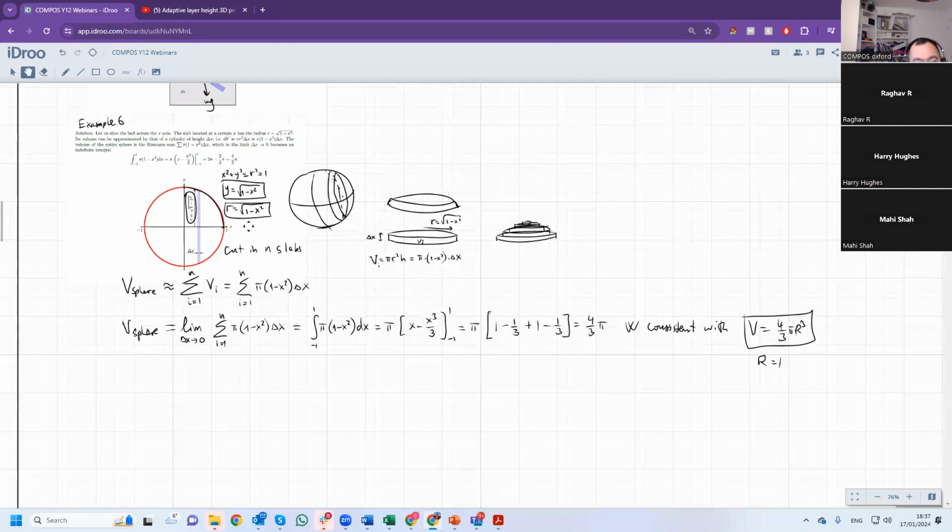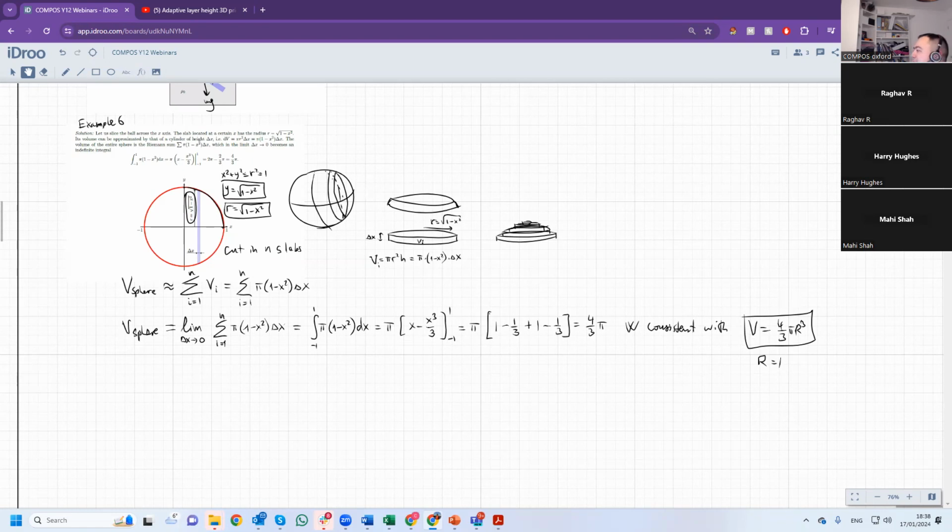Just make the conjecture. I think, like here, what would the conjecture be here for a sphere of radius r? And it's 4/3 pi r cubed. You can test your conjecture, right? So you can test your conjecture and see, does it make sense if you use it?